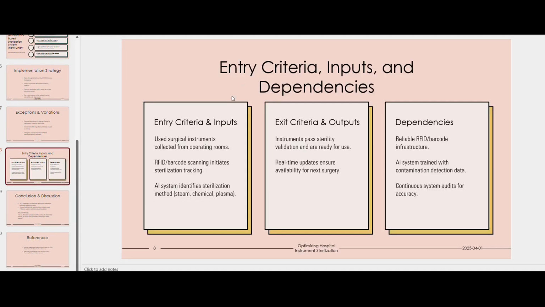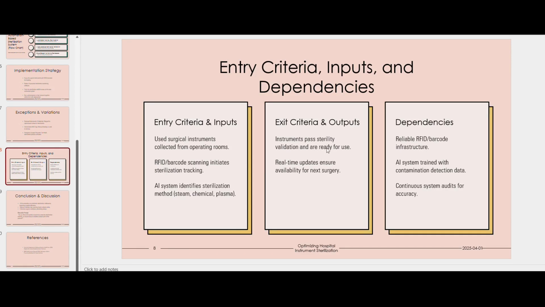Entry criteria, inputs, and dependencies are as follows. For entry criteria and inputs: used surgical instruments collected from operating rooms, RFID barcode scanning initiates sterilization tracking, and the AI system identifies the sterilization method: steam, chemical, or plasma.